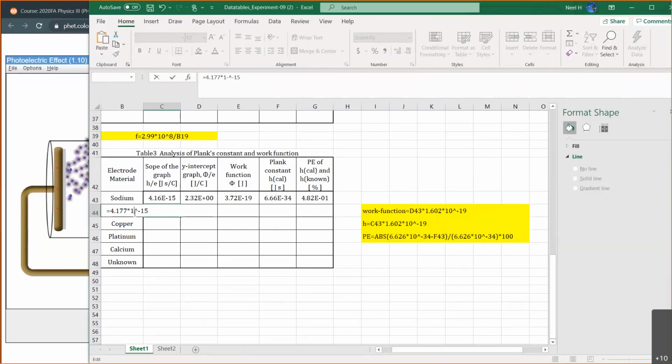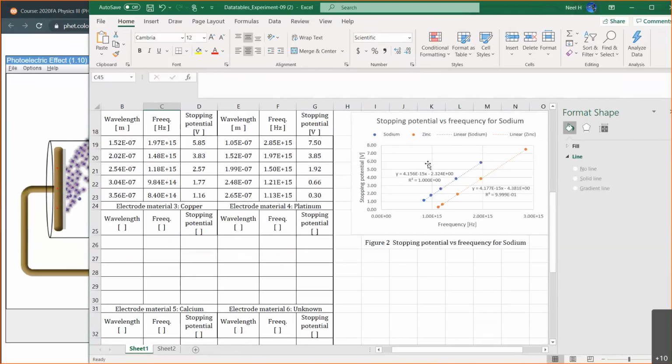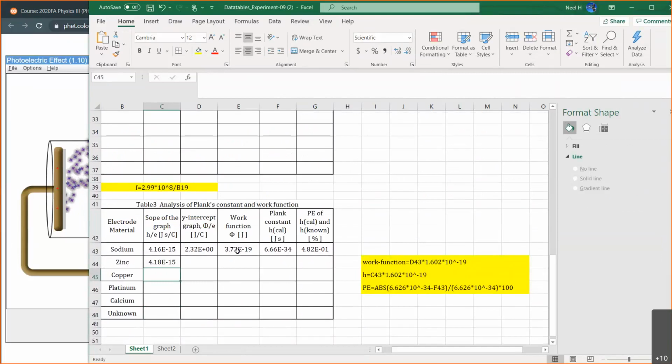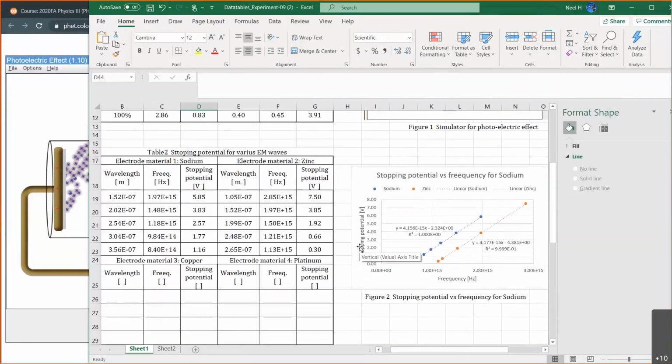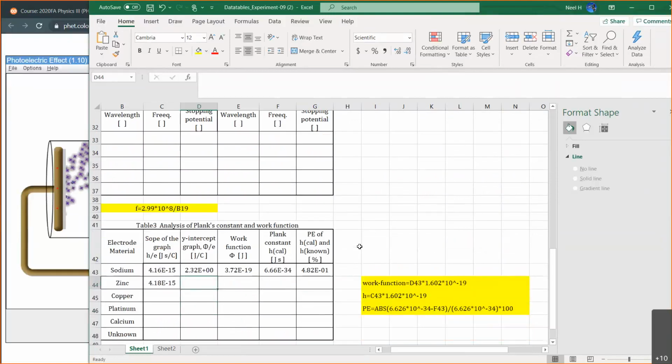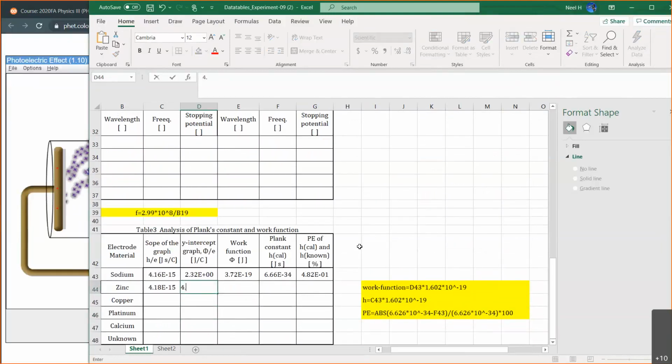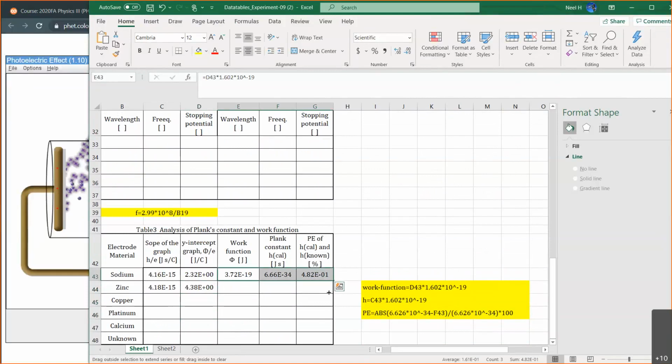And the intercept is 4.381. Okay, slope is 4.177, intercept is 4.381. And this you can click and drag because it will do the calculation automatically.